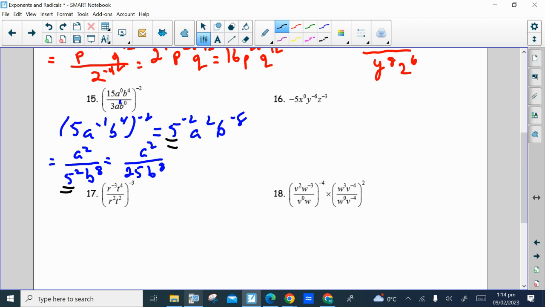Okay, number 16. In this case, there's nothing that we can do to combine anything, right? You're not multiplying powers, you're not dividing powers, you don't have one power raised to another, but we have some negative exponents there. So the only thing we have to do is make the negative exponents positive. So Cherry, what would we do?